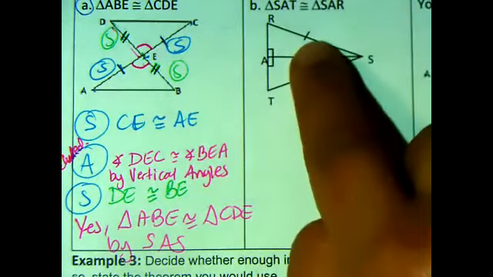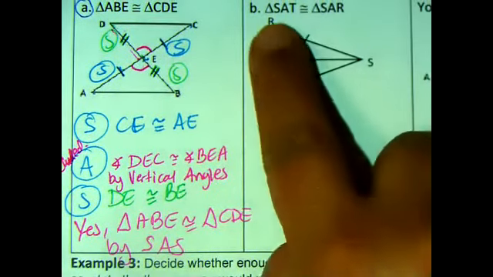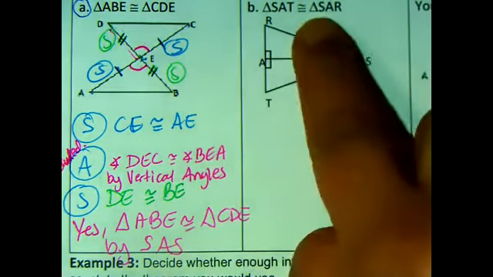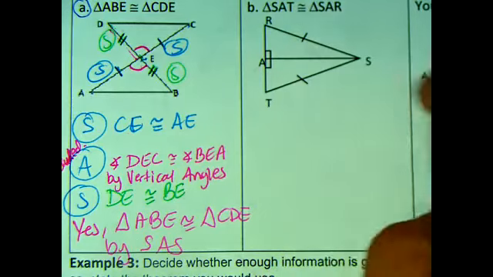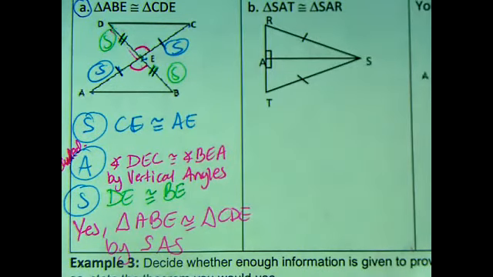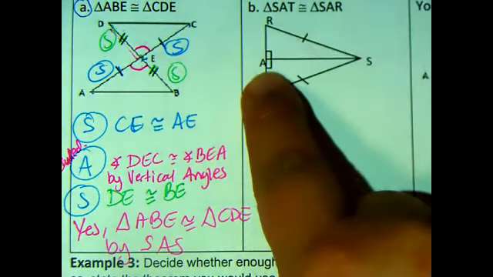So I have tick marks here and here, which means those two sides are congruent. So I'm looking at triangle SAT and triangle SAR. So these two halves of the triangle, okay? I also have this symbol here.